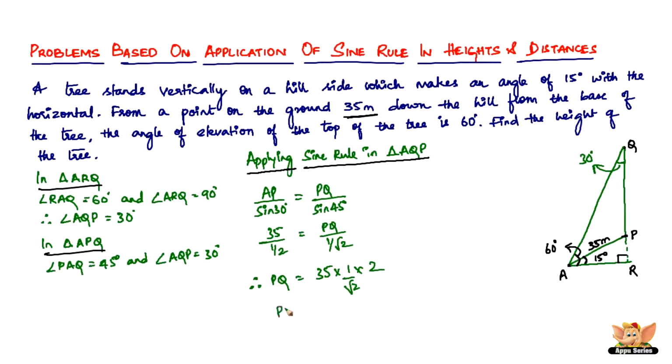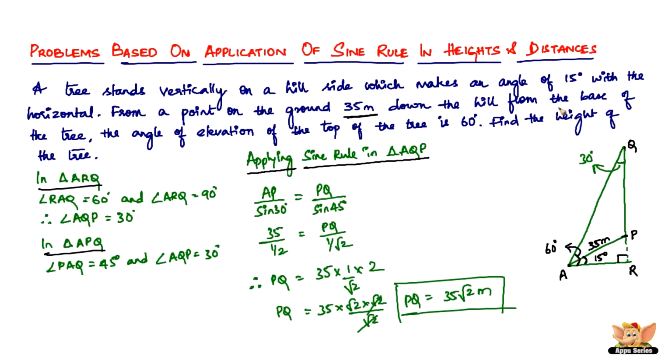So now we have PQ is equal to, now 2 can be written as root 2 into root 2. So one of those root 2 will get cancelled, right? So let me write that here. 35 into root 2 into root 2 divided by root 2. Root 2 gets cancelled. And what we have is PQ equals 35 root 2 meters. So therefore, the height of the tree is 35 root 2 meters.